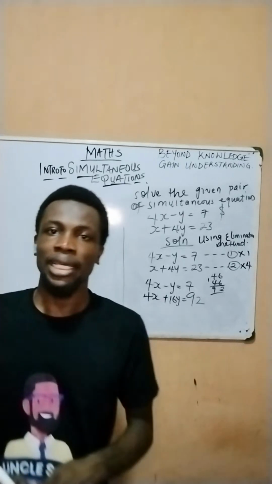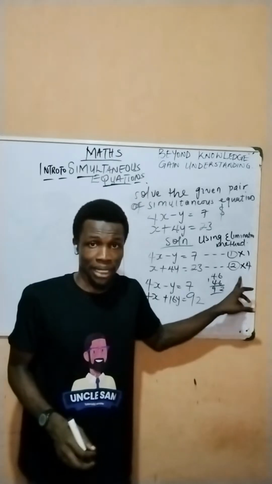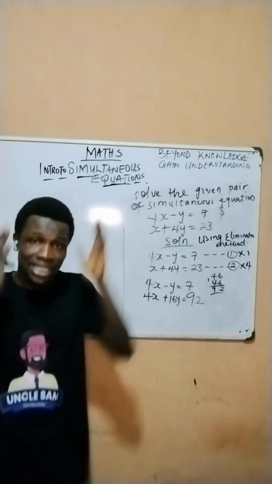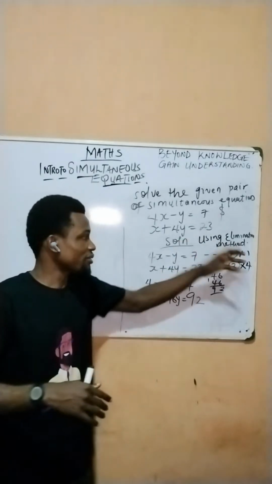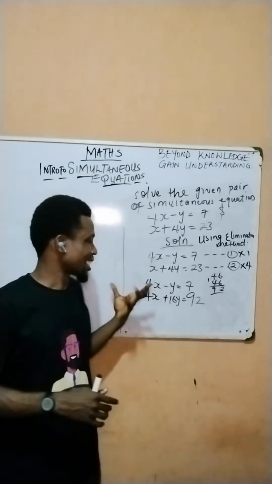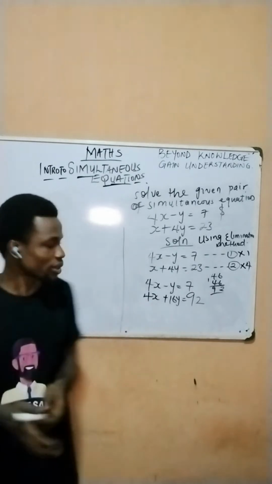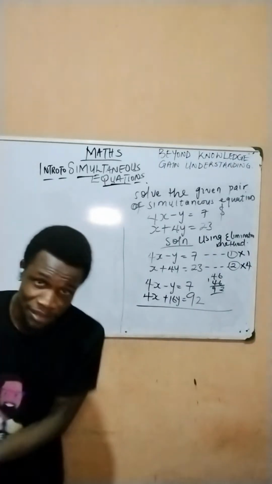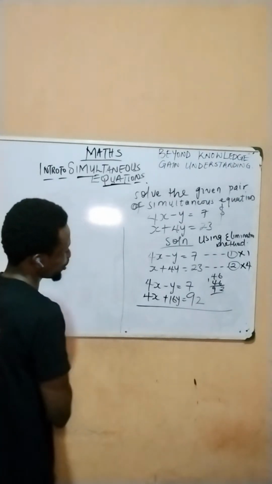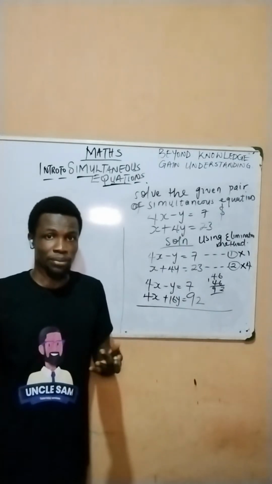So you see what I did here? By multiplying each of the given equations by a given number, since I've decided I want to eliminate x. That is what I want to eliminate, and so I find the number to multiply by so that I'll be able to get the same coefficient. I want to use the elimination method. That's the whole point. Now that I've gotten to this point, I'll apply my elimination method. And what am I going to use to eliminate, positive or negative? You guessed it, it's going to be negative.